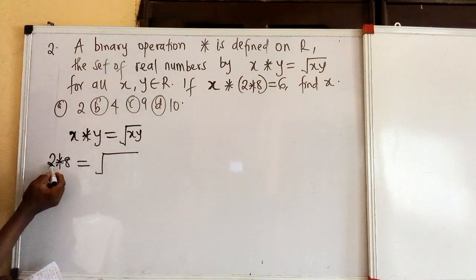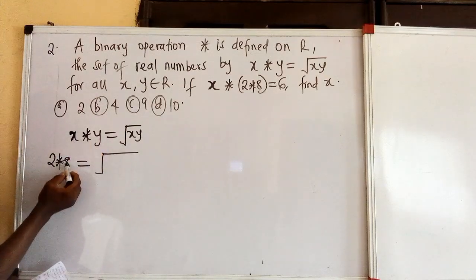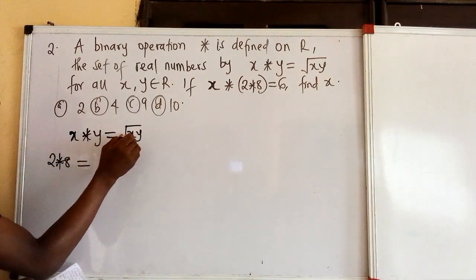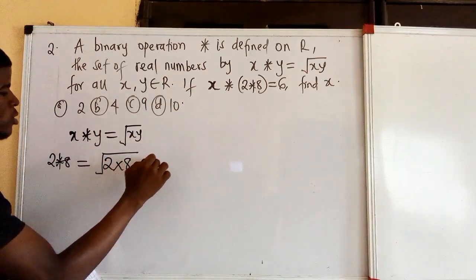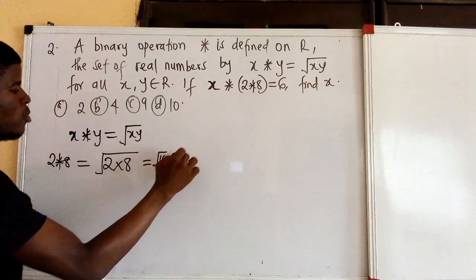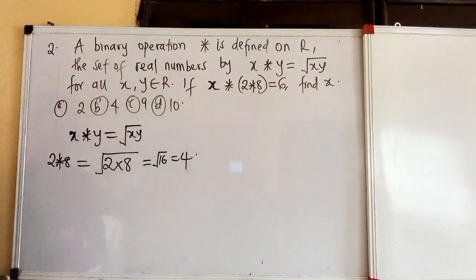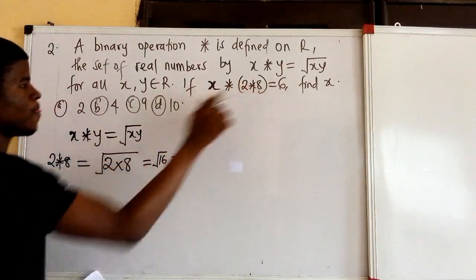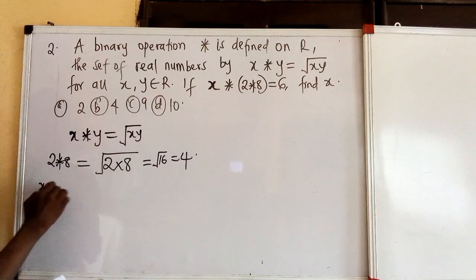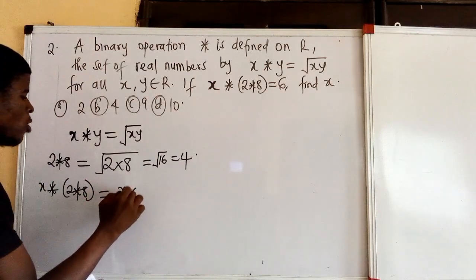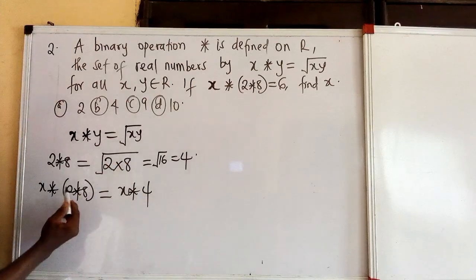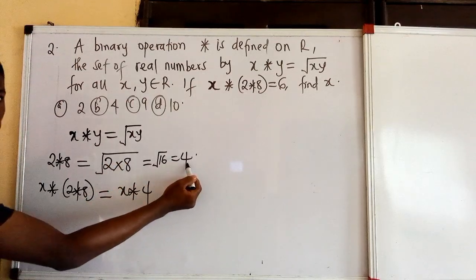X will be replaced by 2, y replaced by 8. So in this bracket I will have 2 times 8. This is root 16, and that will be 4. So x operation 2 operation 8 will now be equal to x operation 4 because 2 operation 8 is equal to 4.